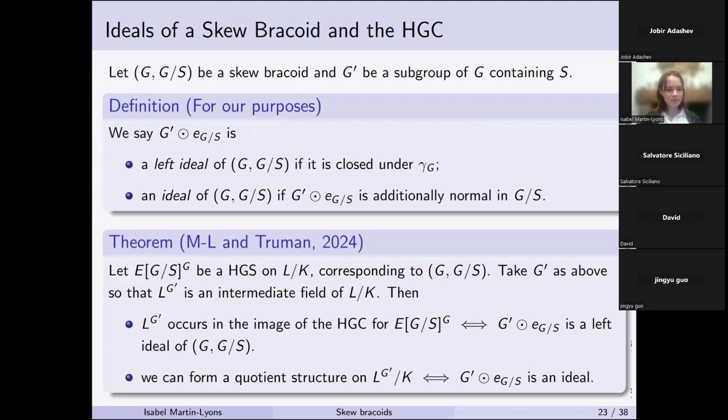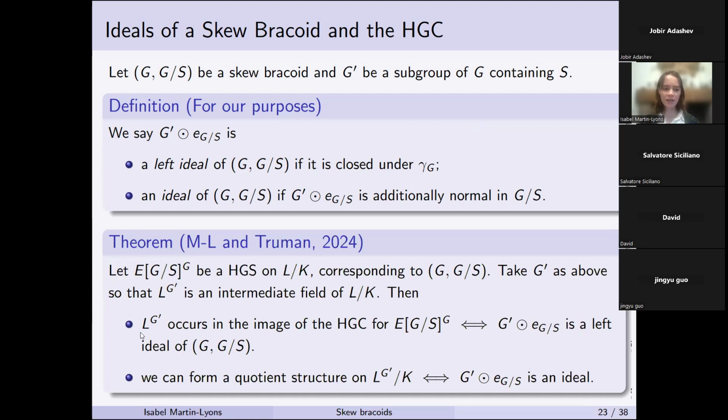Then, theorem: consider a Hopf-Galois structure corresponding to a skew bracoid. So we have E_{G/S} fixed by G corresponding to a skew bracoid G/S. We take G' as above so that L fixed by G' in the Galois sense is an intermediate field of L over K. So taking all G' like this should recover all the intermediate fields by classical Galois theory.